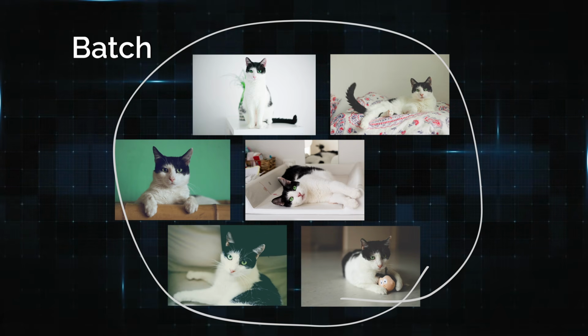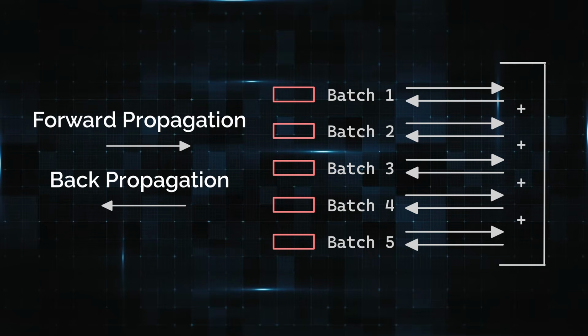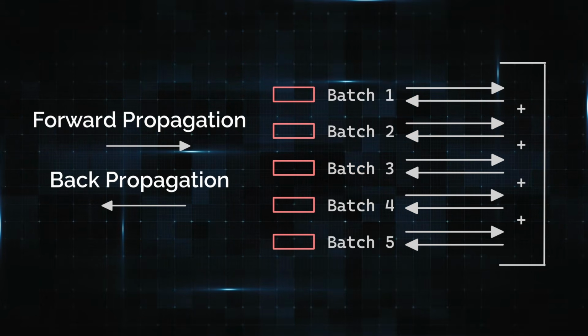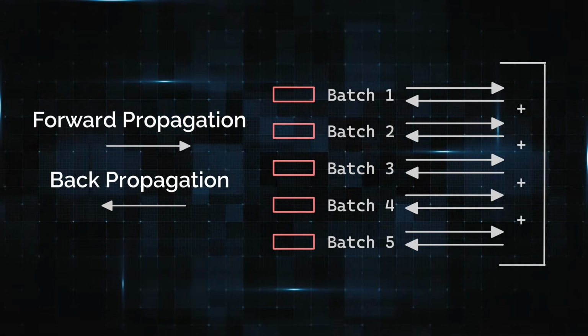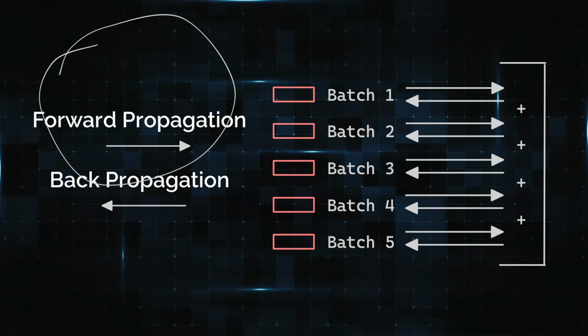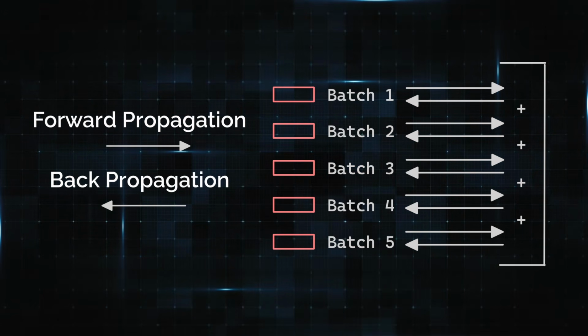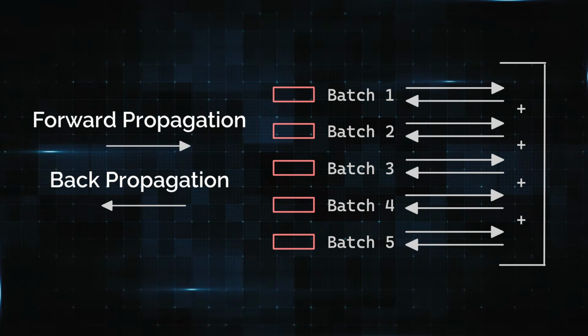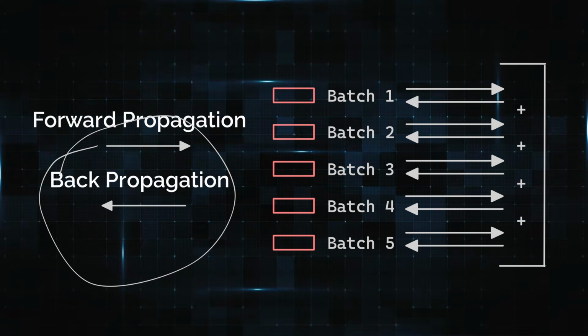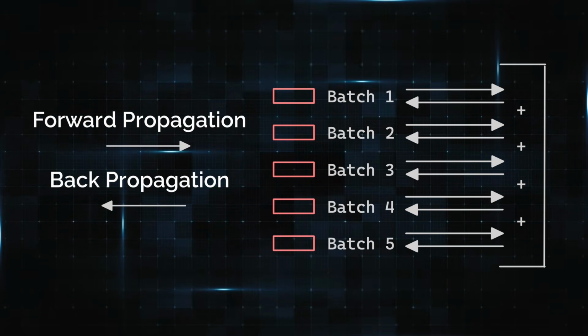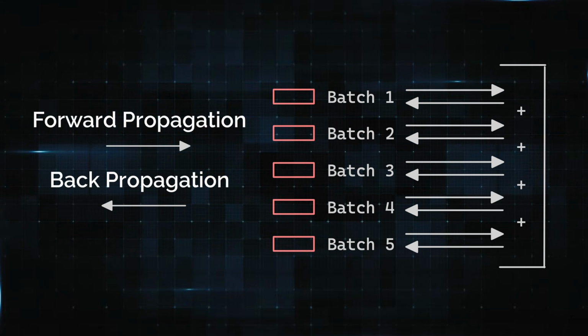So the neural network is going to take the first batch of images, process them, and generate an output, and this is called forward propagation. Then it's going to adjust the parameters internally to reduce the error, and this second part is called back propagation. So it's going to take the first batch, forward and back propagate.